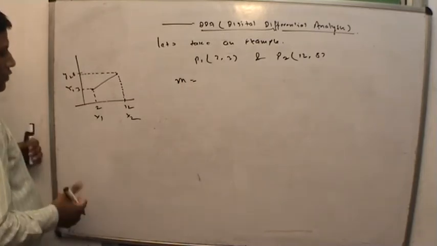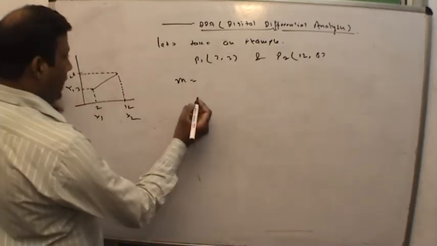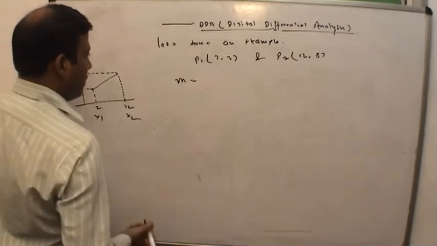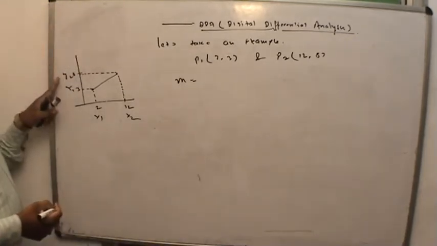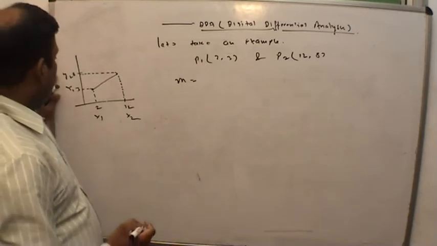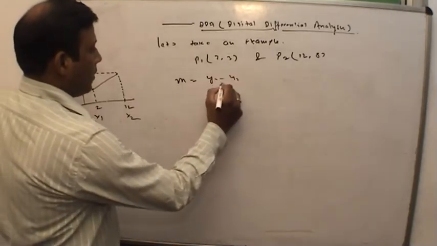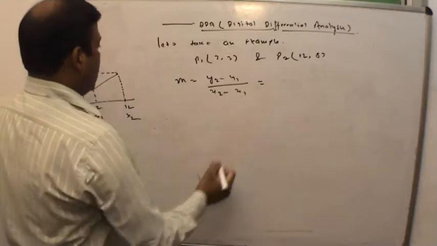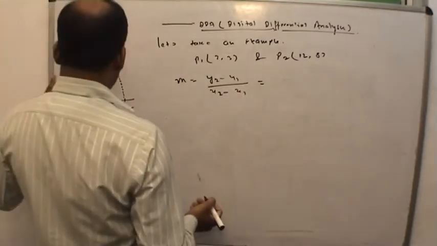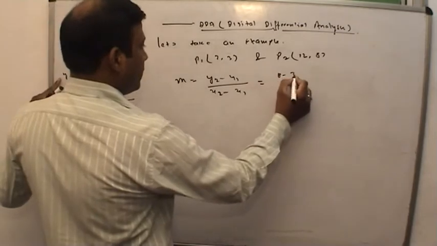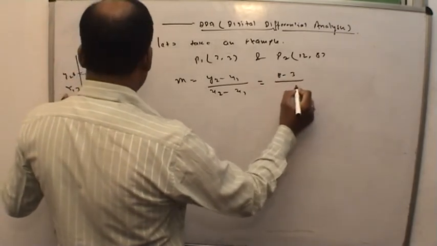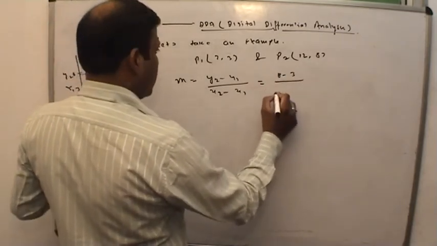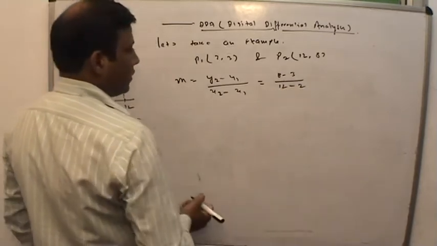So now we can find the slope: m equals y2 minus y1 by x2 minus x1.